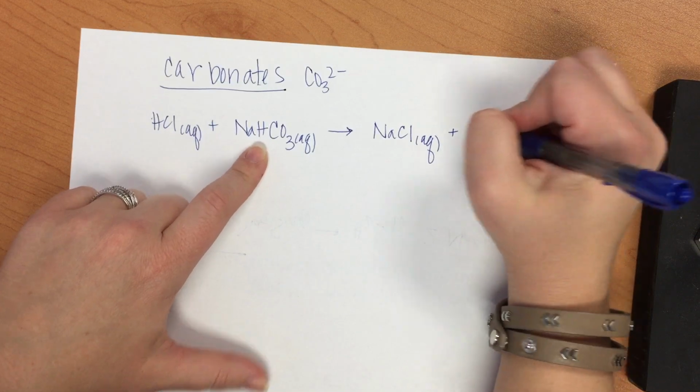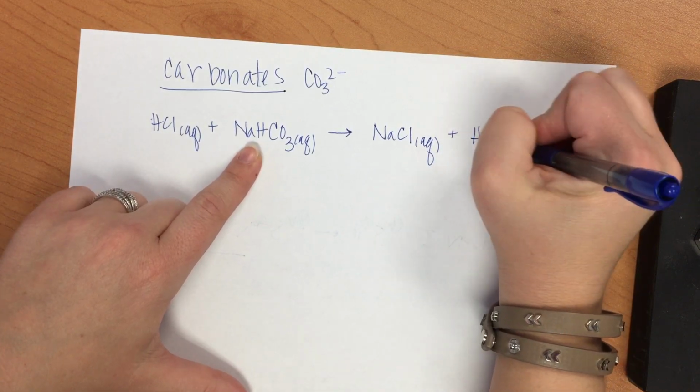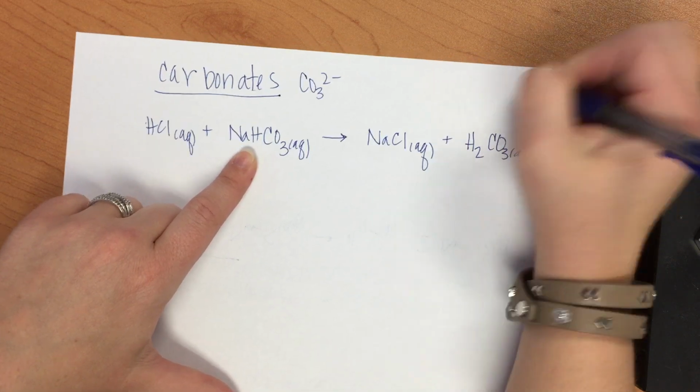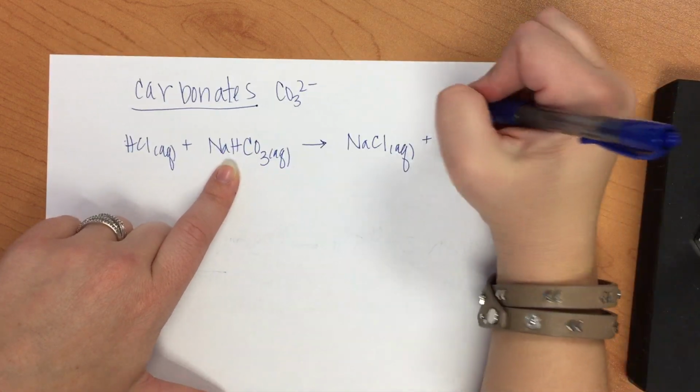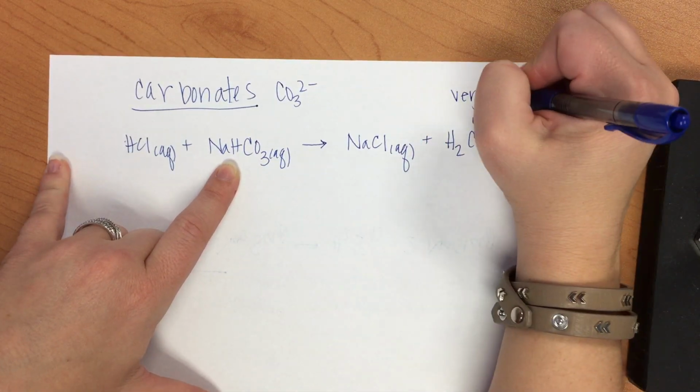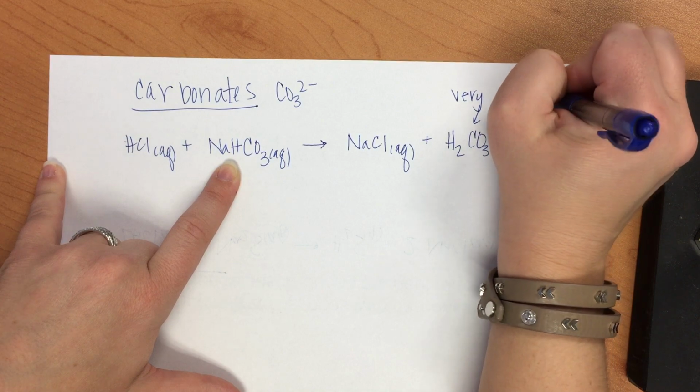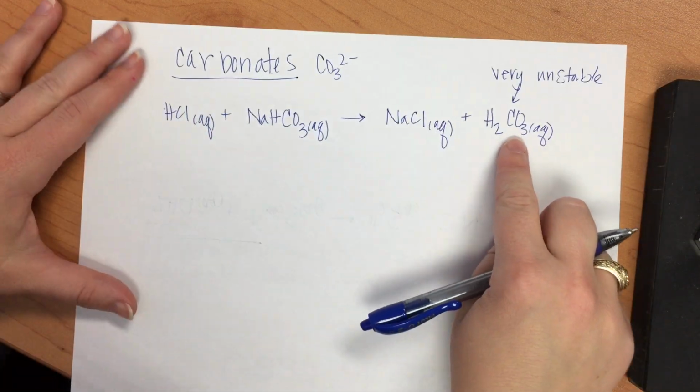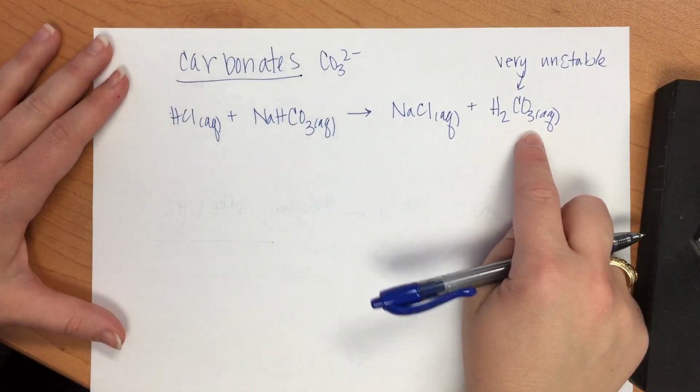In this case, we're going to get carbonic acid, which is H2CO3, which is aqueous. This molecule right here is very unstable. Once this is created, to some extent, it immediately begins to dissociate.